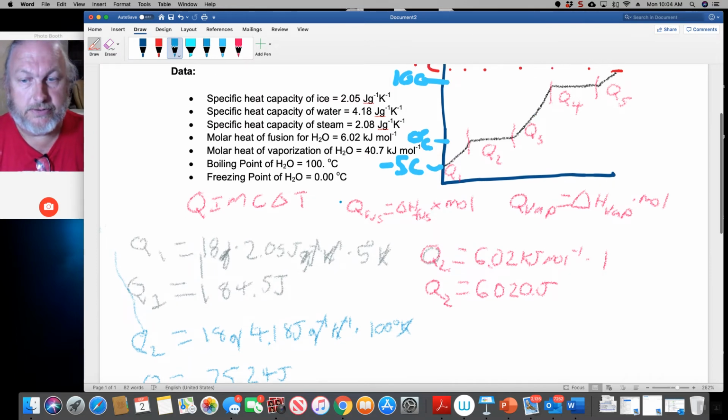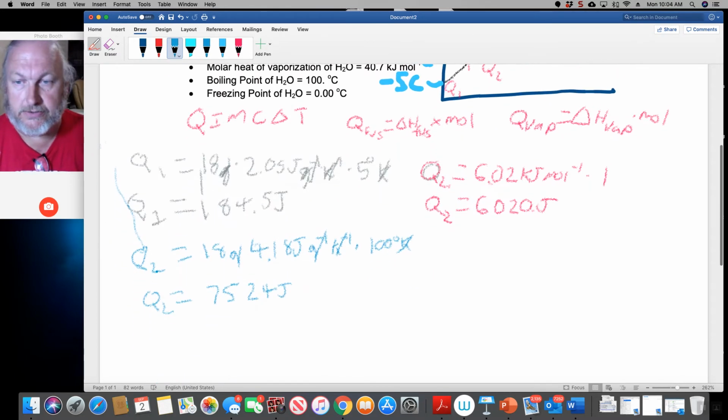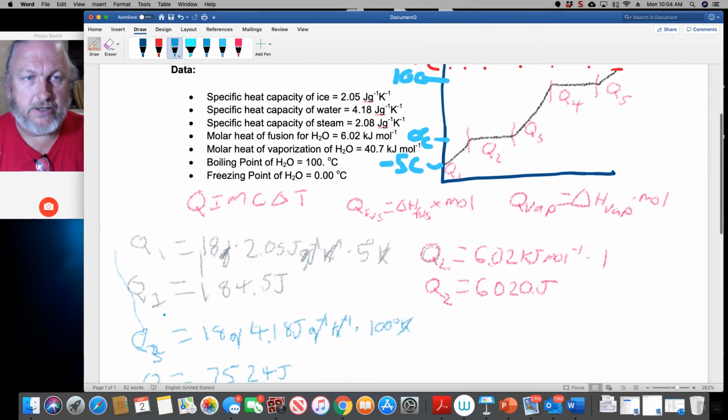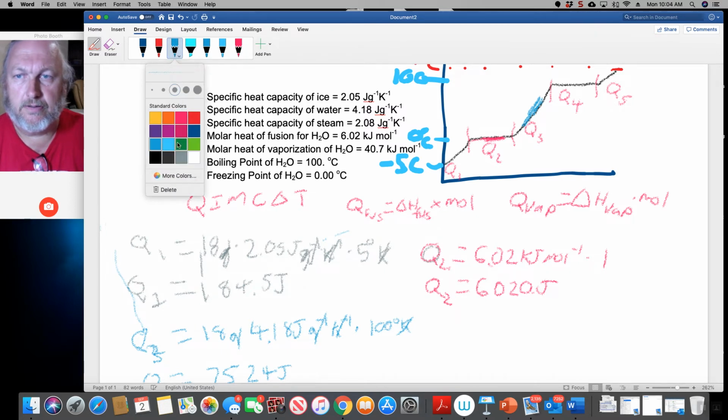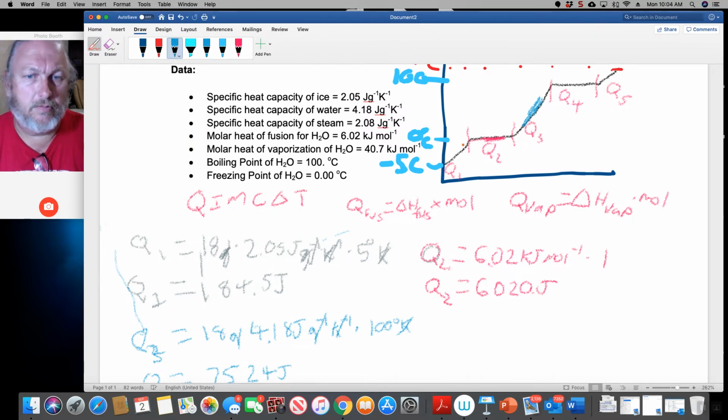Now I've got to look over here at the Q. That's Q2. Oh, I said Q2 there. I was wrong. Sorry. That's Q3, because there is the increase of the temperature. That area right there. All right, and then Q2 was right there, and then change that color. Q1 was right there.